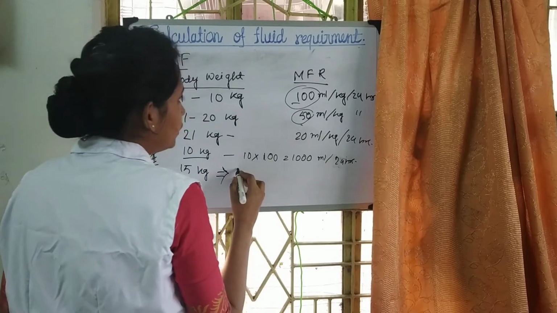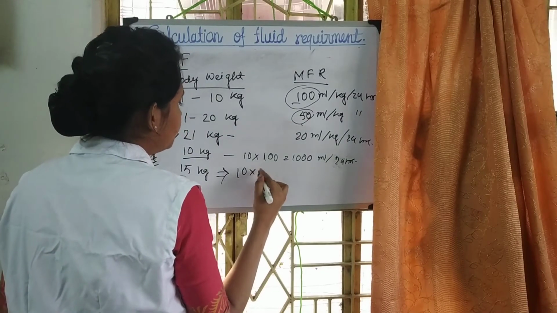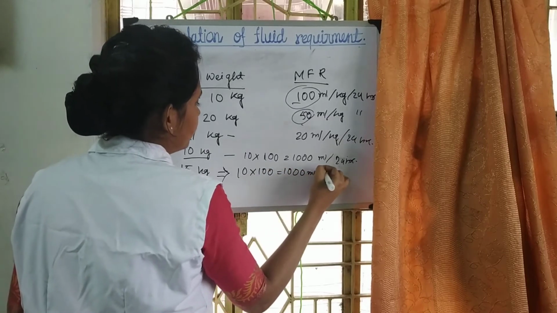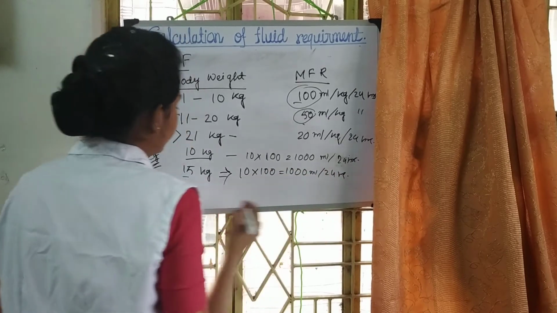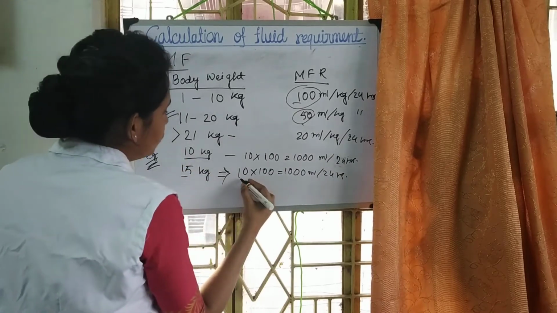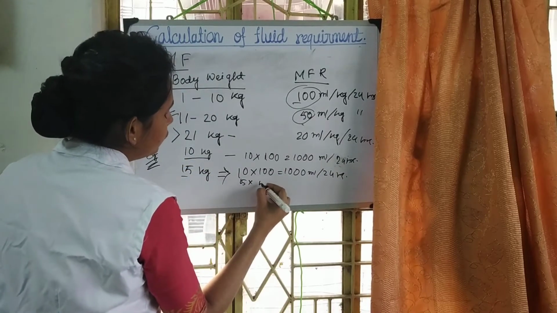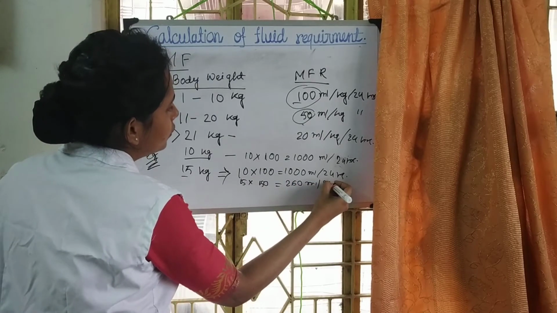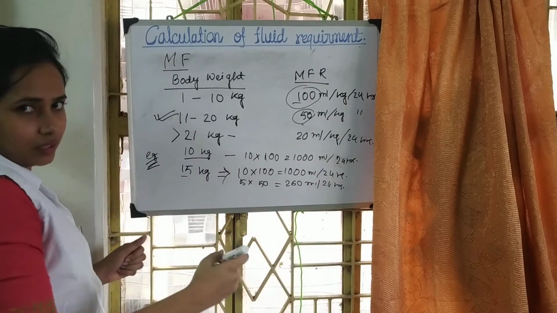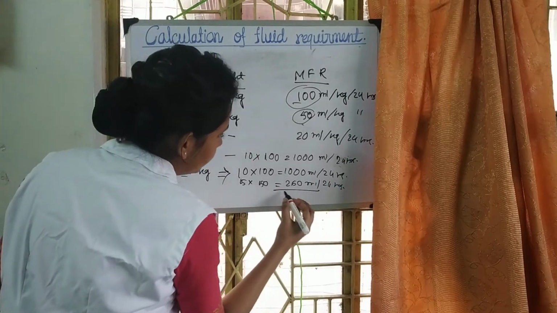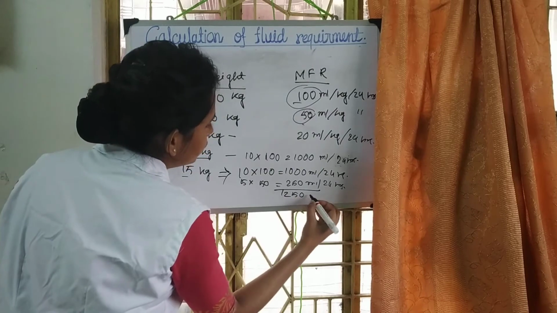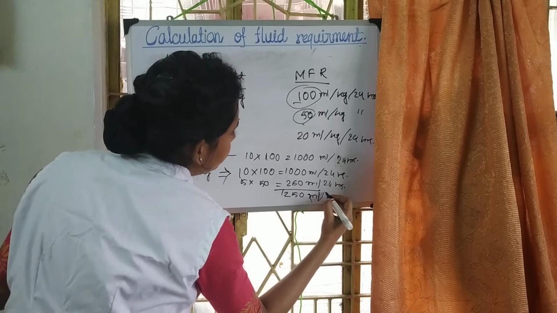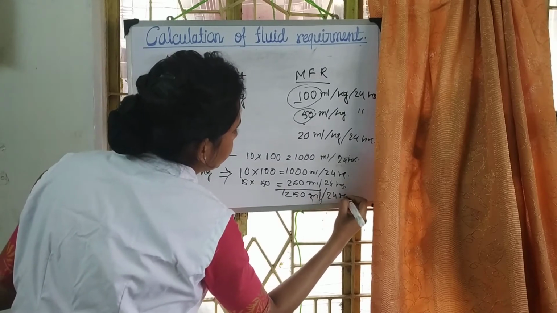So for the first 10 kg, 10 into 100 equals 1000 ml per 24 hours, and for the remaining 5 kg, 5 into 50 equals 250 ml per 24 hours. So the total maintenance fluid required for the baby is 1250 ml per 24 hours.